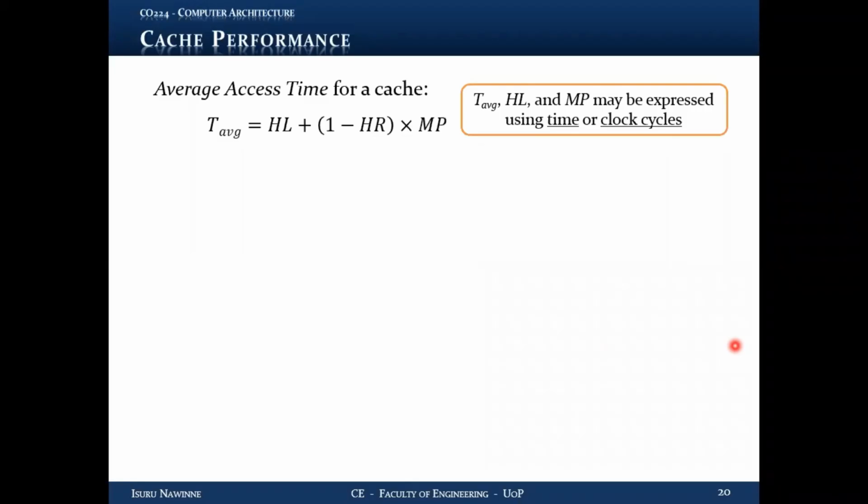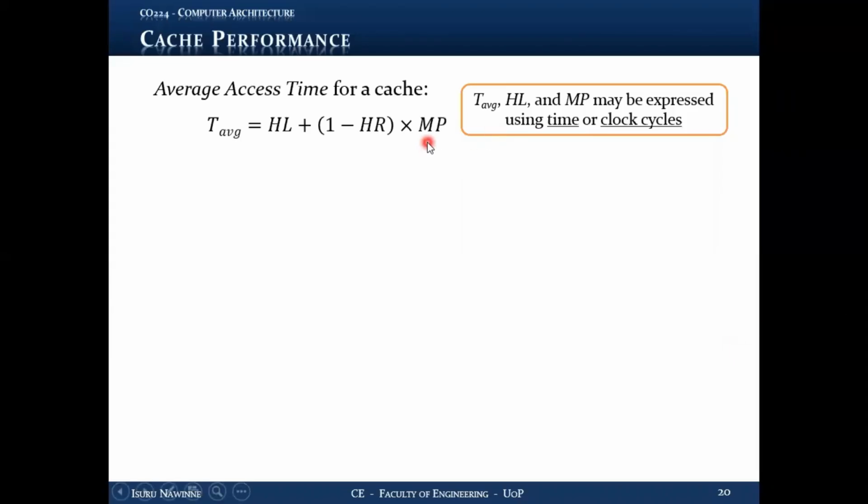So your average access time is, hit latency has to be there always, the time to determine a hit. In addition to that, for the fraction of accesses that are going to be misses, you have to apply the miss penalty as well. Miss penalty is the time you take to fetch a missing block from the memory. So the average access time can be expressed like this. We had a look at this early on as well.